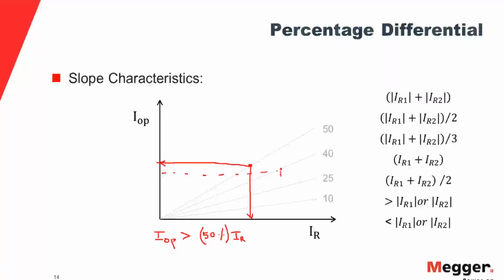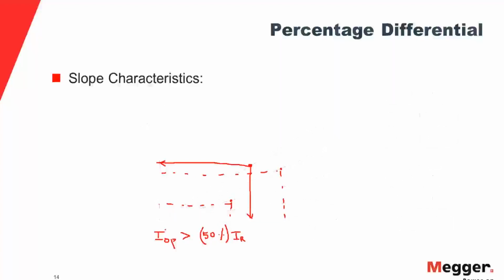For the relay to operate, the IOP should be greater than 50% of whatever the IR should be. Okay?